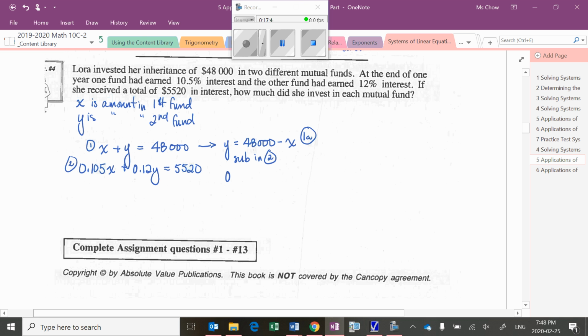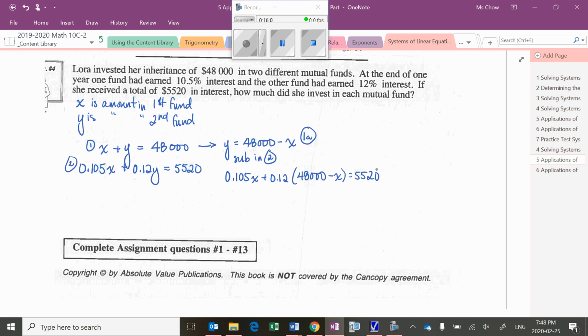So that means we'll have 0.105x plus 0.12, and instead of y, 48,000 minus x, and that is equal to 5,520.